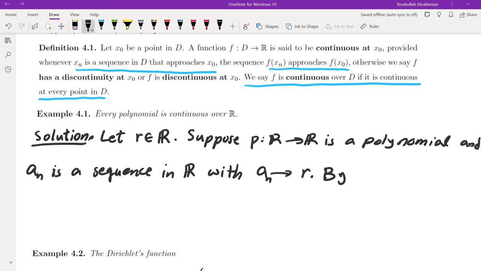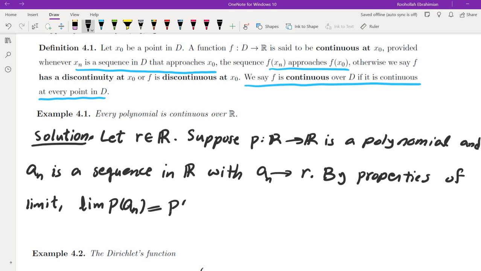So by properties of limit, the limit of p of an is equal to p of r as n approaches infinity. Thus p is continuous at r.